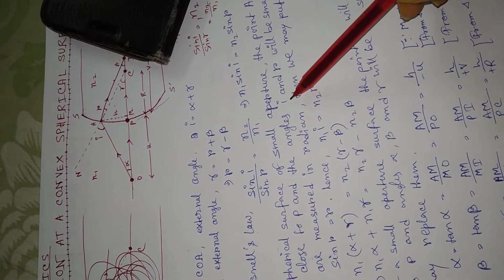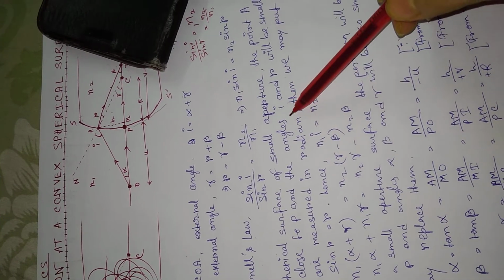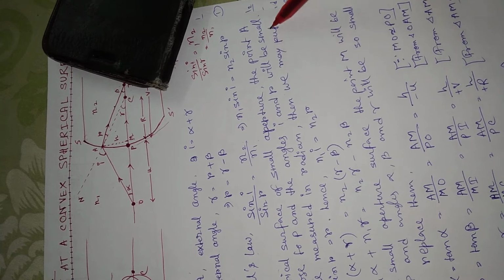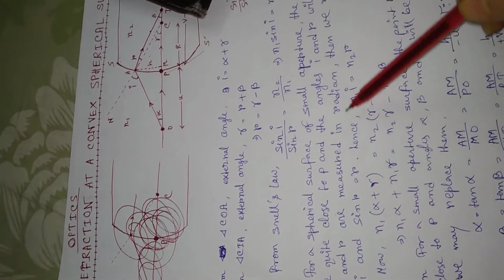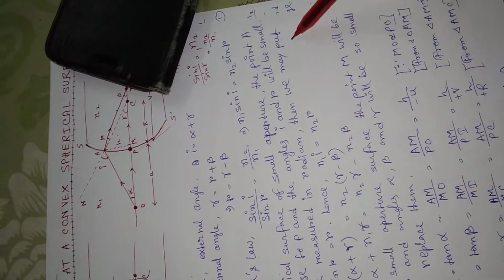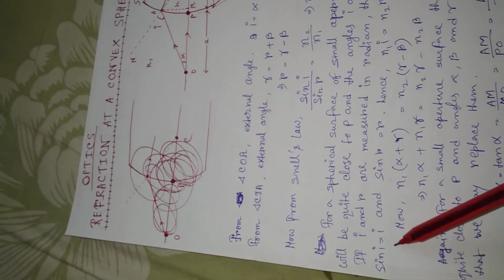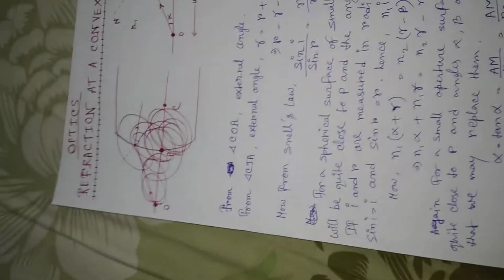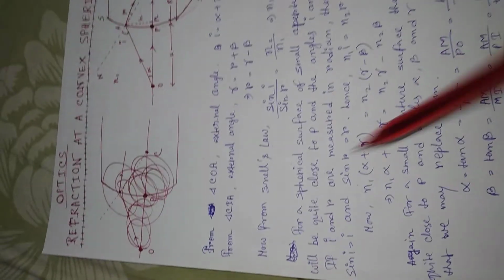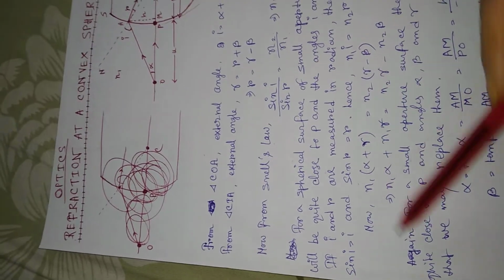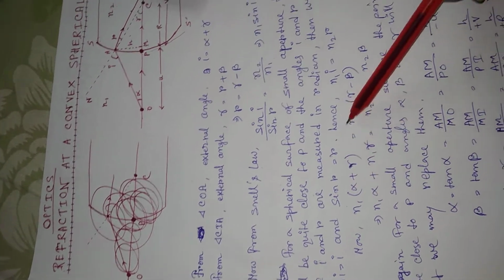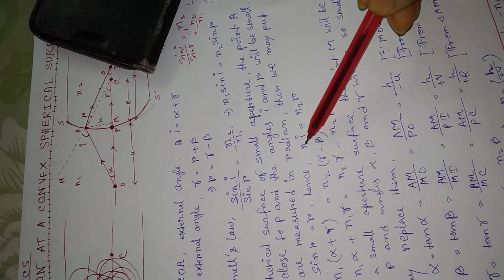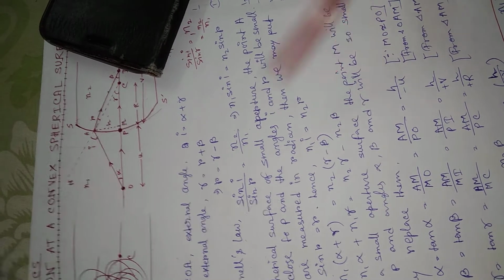Then we can say that angles i and r will be very small. If i and r are measured in radians, then we may put sin i equals i. If an angle is very small and measured in radians, then sin of that angle equals the angle. So sin i equals i and sin r equals r. Hence this equation becomes n1 i equals n2 r.